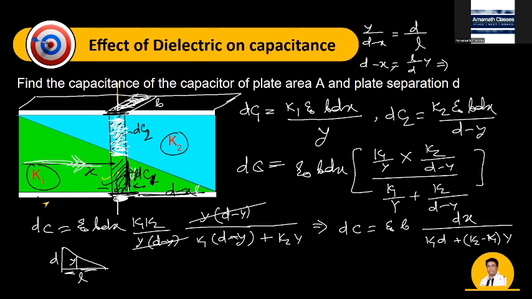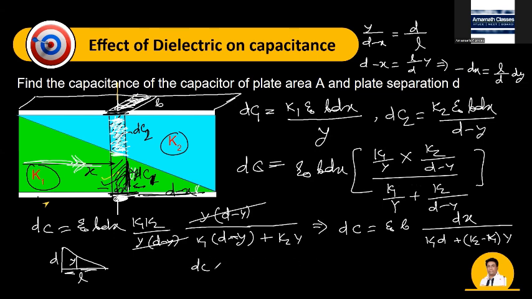Now if you differentiate it, d is a constant. Only x and y are variable. So if you differentiate it, you get minus dx equal to l by d into dy. So in place of dx, you can write minus of l by d into dy.